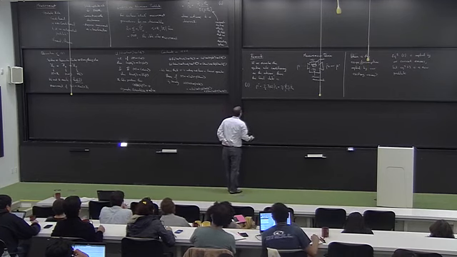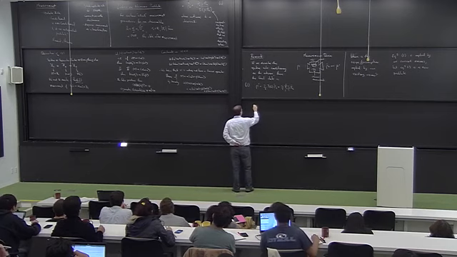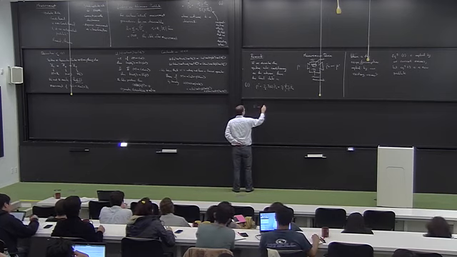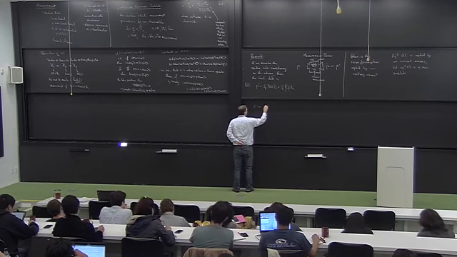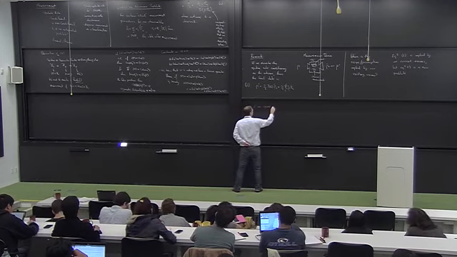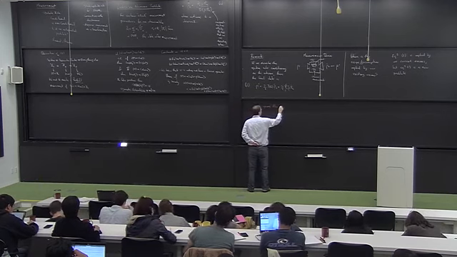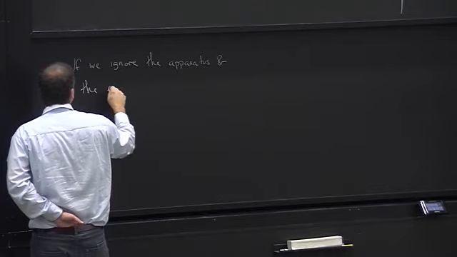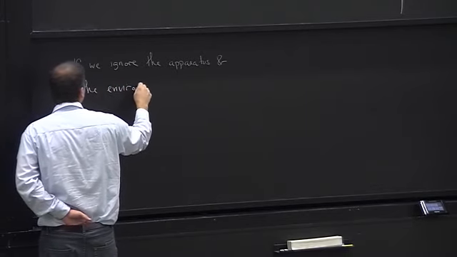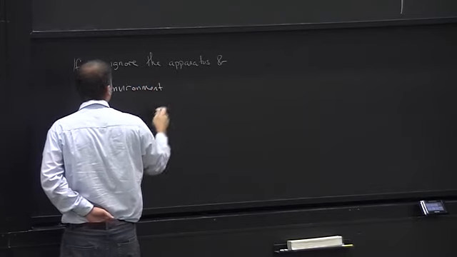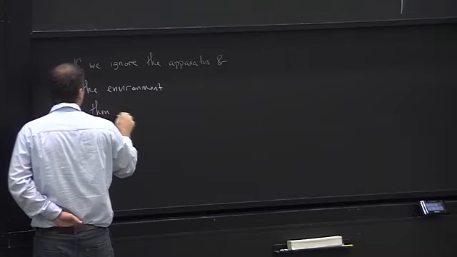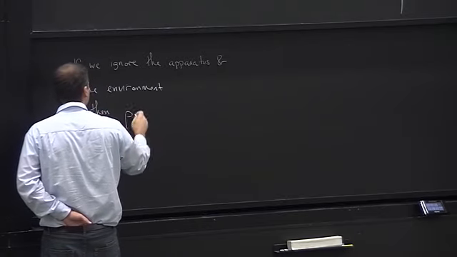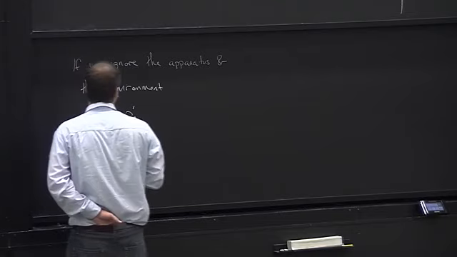All right. Now the point is, if we ignore the apparatus and the environment, then we obtain rho s prime.